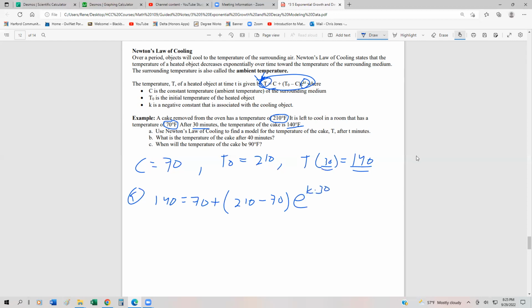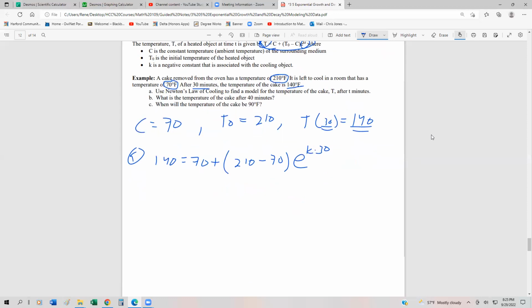All right, so now we just solve, just like we have done many, many times so far in this section. First thing we're going to do, subtract 70 from both sides. And then I'm also going to evaluate that 210 minus 70. So I end up with 70 is going to be equal to 140 e to the 30k.